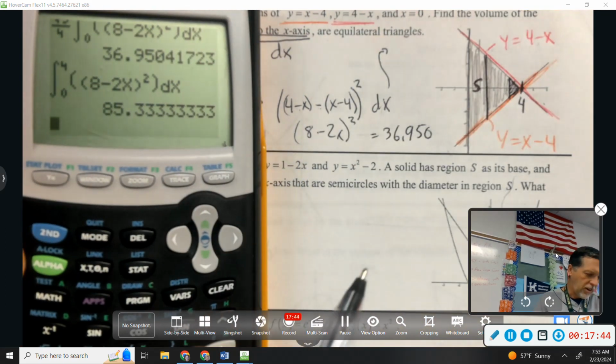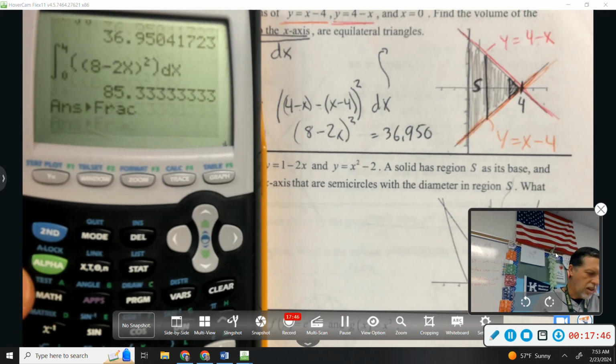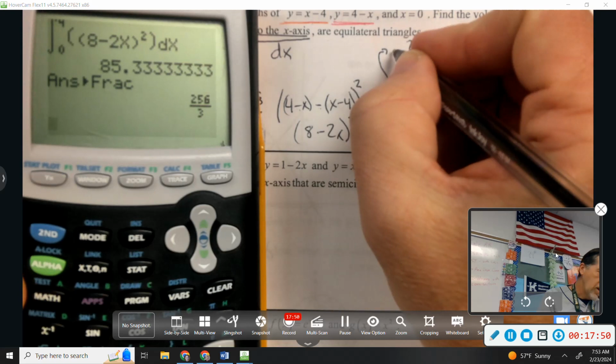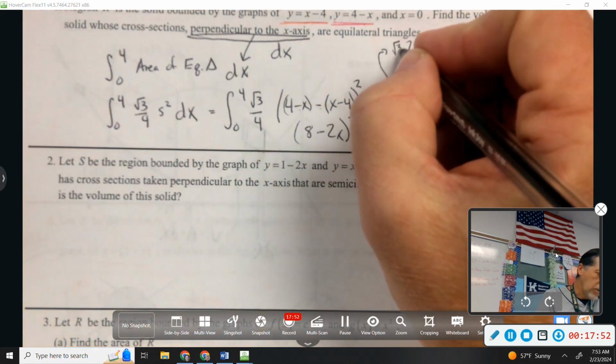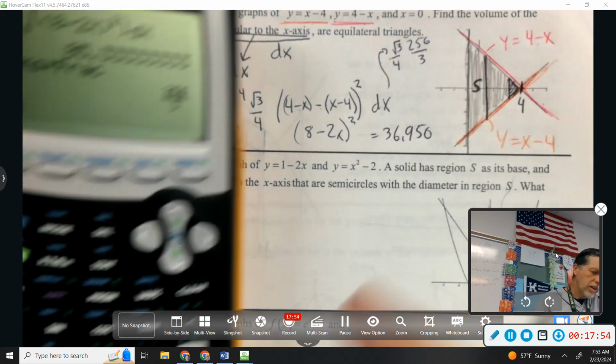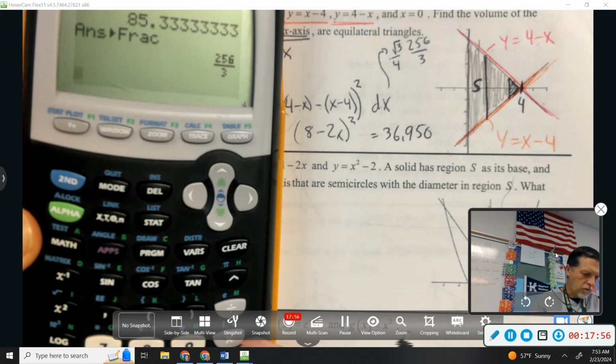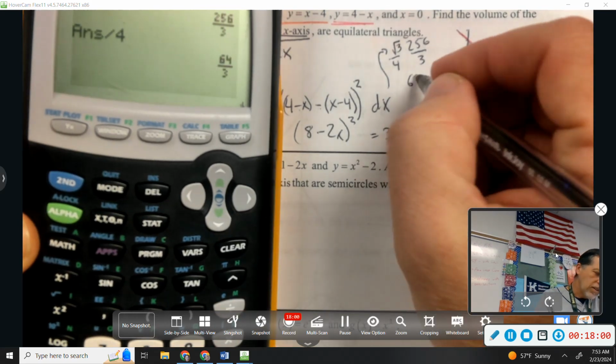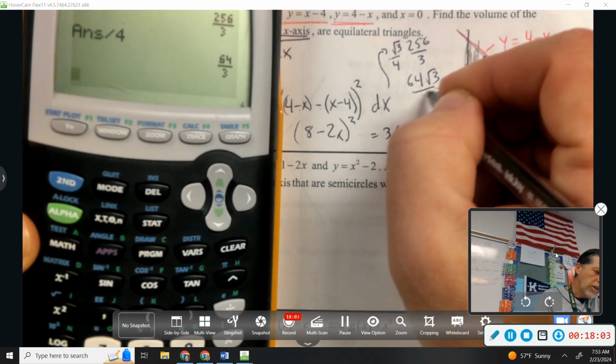I can change that into a fraction, 256 over 3. But then I also have root 3 over 4. So 256 divided by 4 is 64 root 3 over 3.